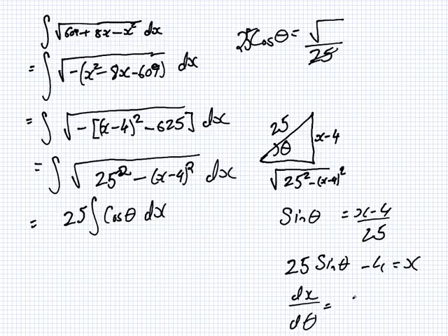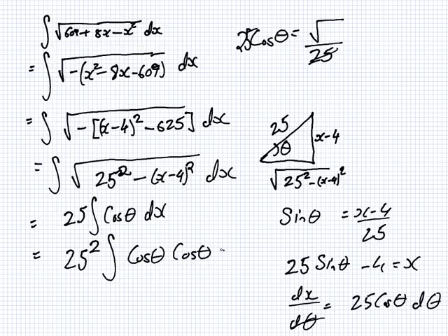That would equal 25 cos theta. Yes? So then dx is 25 cos theta d theta. So now if I go back here, this will be 25 by 25, so it's 25 squared, cos theta d theta. Or in other words, cos squared theta d theta.